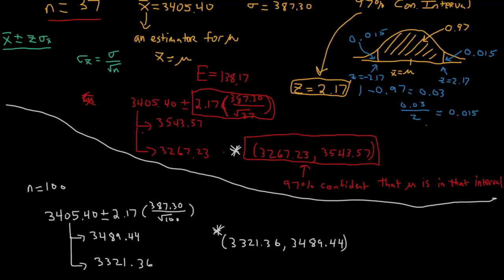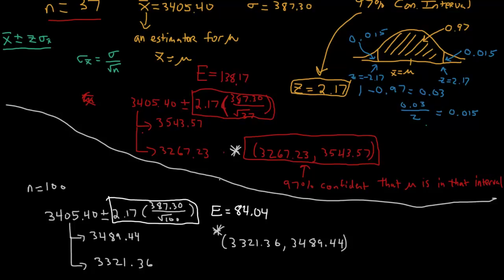Now, if I go down here and compute the margin of error, again, E is this part right here, the factor that you're adding and subtracting from the mean to create your confidence interval. So here, the margin of error is 2.17 times 387.3 divided by the square root of 100, and the margin of error is 84.04.